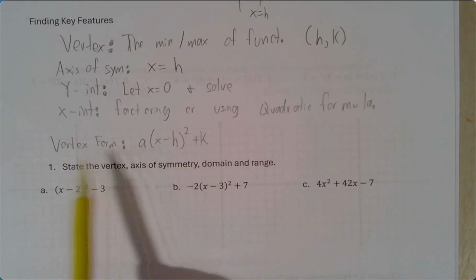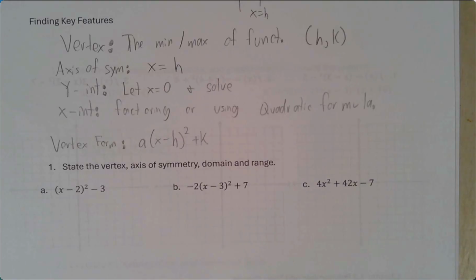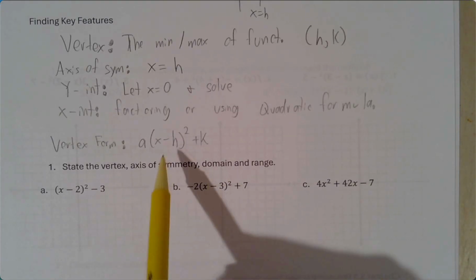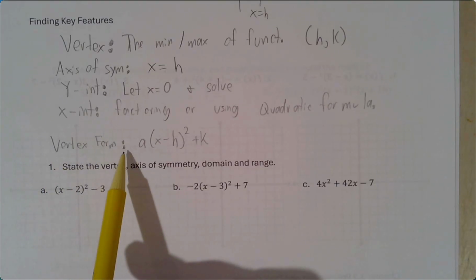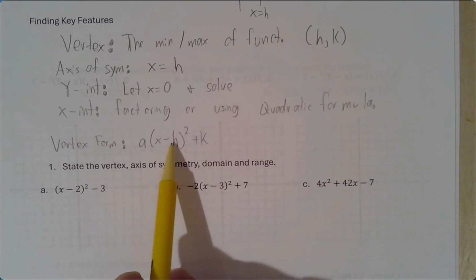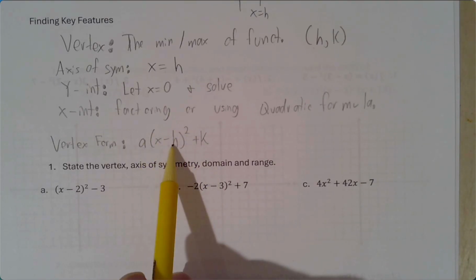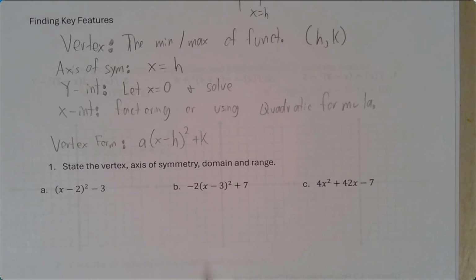So essentially, if you have a quadratic in vertex form, you're ready to classify function transformations directly from this equation. That's why it's beneficial. And why do we call it vertex form? Well, because remember, we call the vertex (h, k), and look at what's right here. h is on the inside, adding or subtracting with x, and then k is adding or subtracting afterwards.